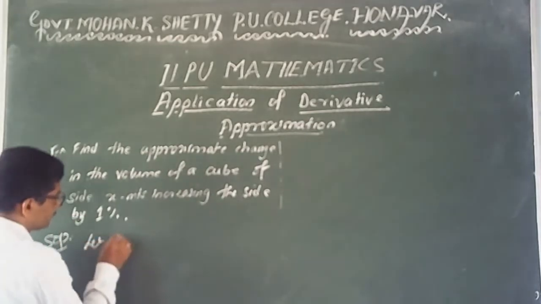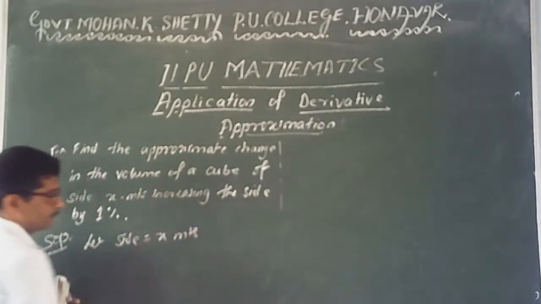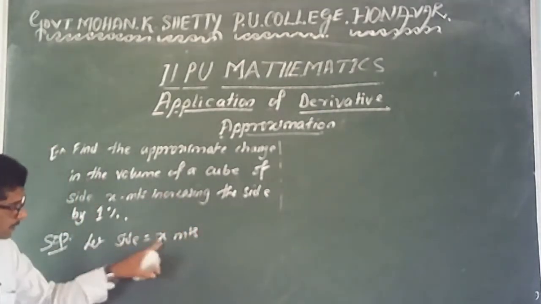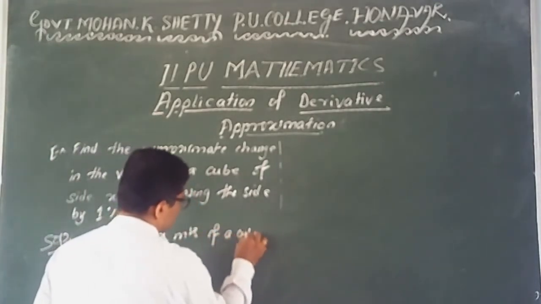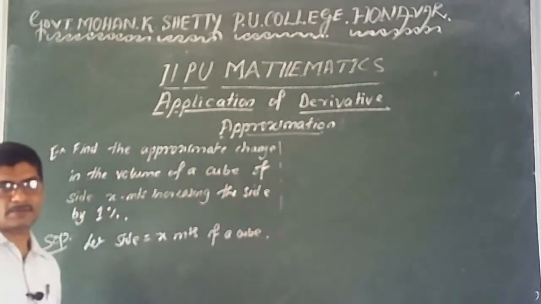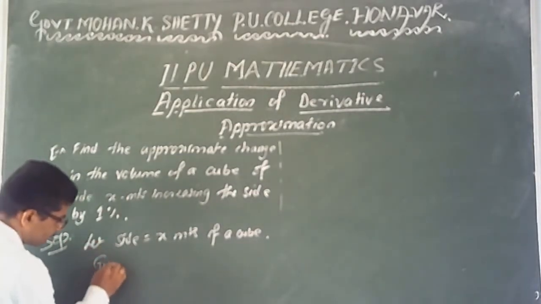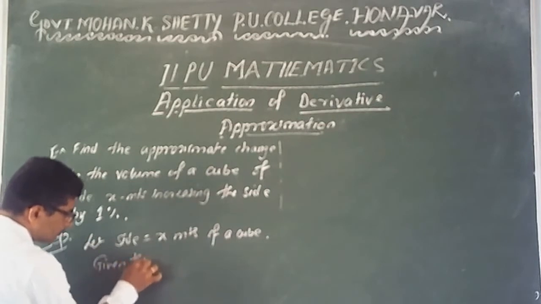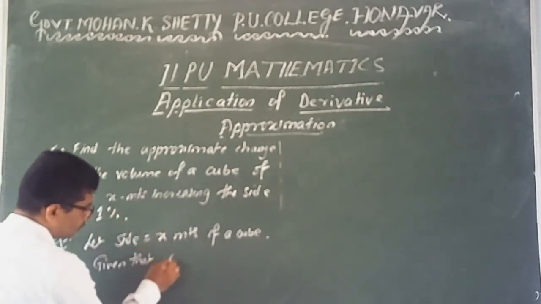Given that the side is equal to x meters. It is given the side is x meters of a cube. It is given that this side is changed by 1% of the side.